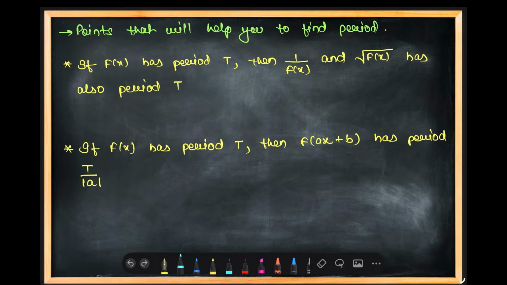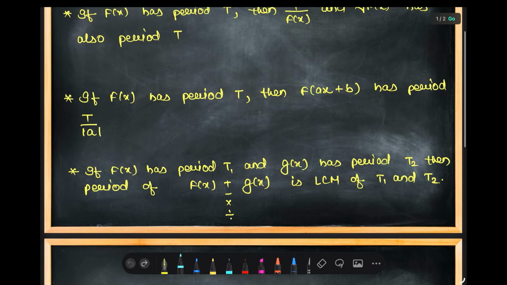Now, if I ask you to find the period of sine of 2x plus 3, how will you respond? You will say the period of sine is 2 pi, so write 2 pi, and then the coefficient of x is 2, so divide by mod 2, and the answer becomes pi. I hope this point is also clear.